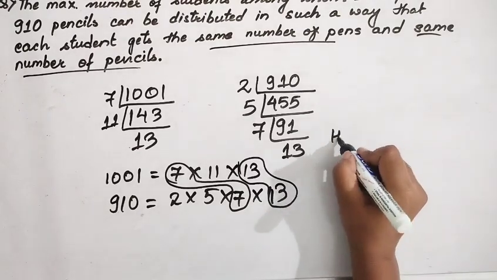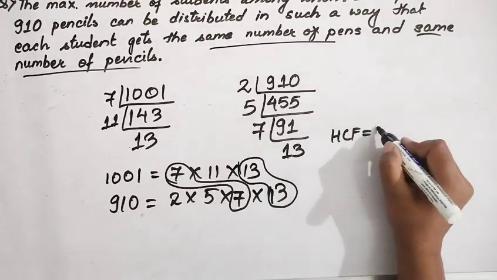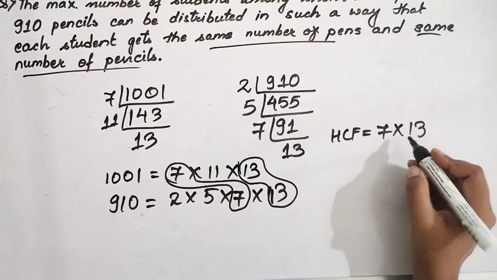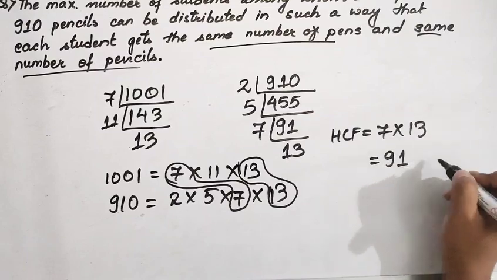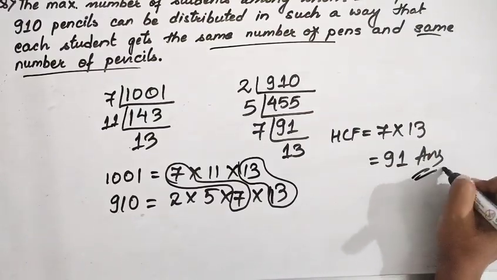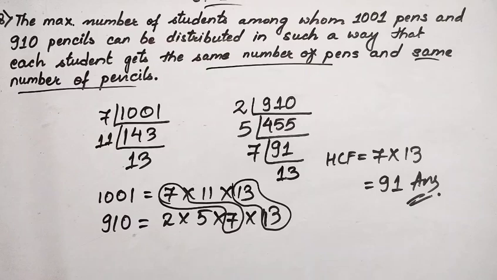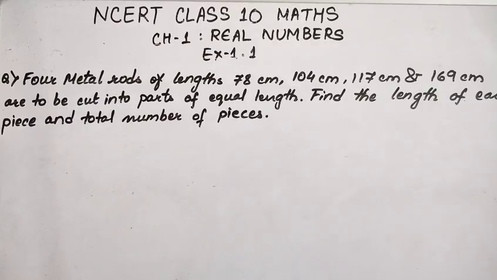That means HCF equals 7 into 13, which is your answer. If the number of students is 91, then 1001 pens and 910 pencils can be distributed equally among all the students. So here is another question.